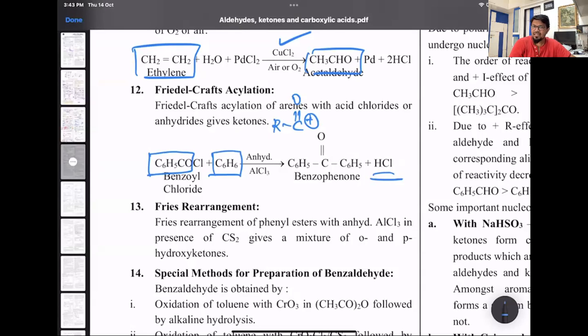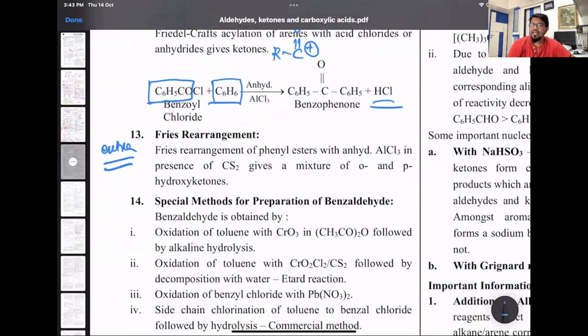Then Fries rearrangement is again an extra point. It says Fries rearrangement of phenyl esters: if you have phenyl esters with anhydrous aluminum chloride in presence of carbon disulfide, it will give a mixture of ortho and para hydroxy ketones. Now this is a very important word to catch, hydroxy ketones. Where did I say this, does anyone remember?